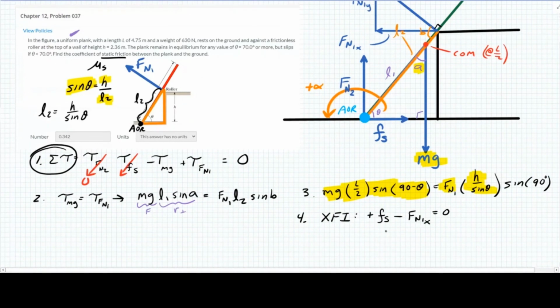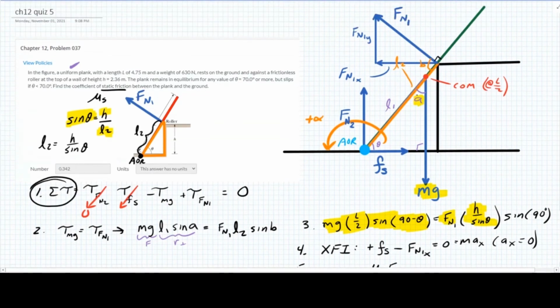So let's just hammer on this for a few more steps. It technically equals m a sub x, and a sub x equals 0 because of statics. Okay, so I have mu subscript s times Fn2 minus Fn1x. All right, so we've got to play angles.